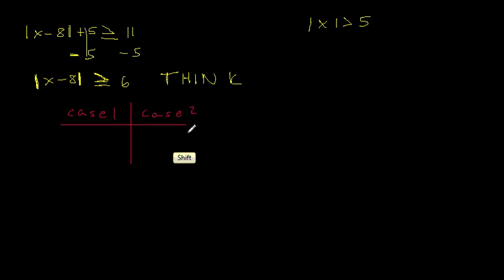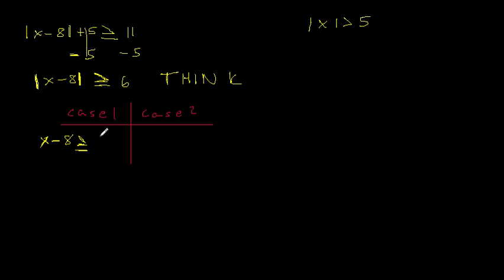They're just two different ways of looking at this absolute value inequality. Case 1 is the same as the inequality above, so I drop the absolute value symbols and say x minus 8 is greater than or equal to 6.